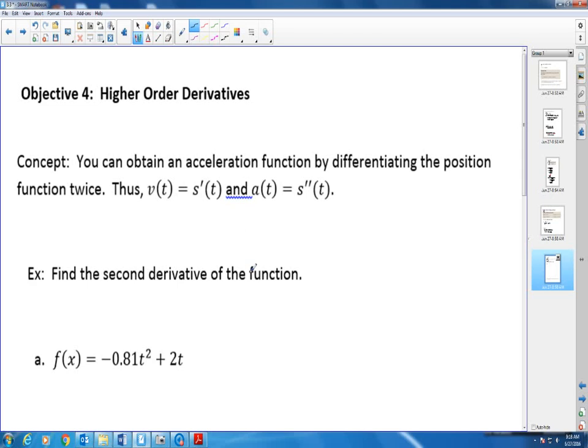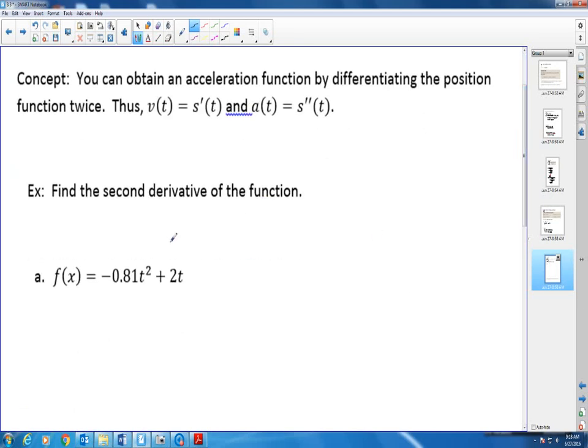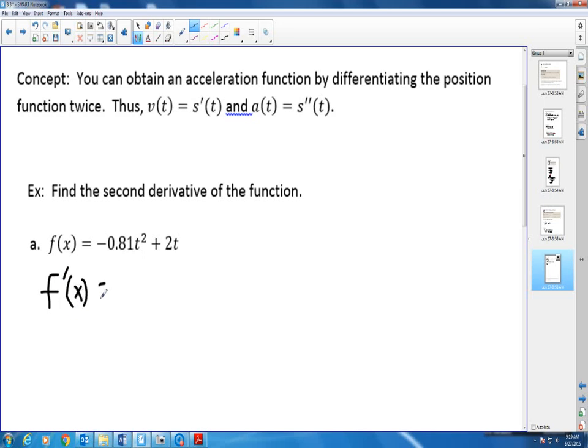Okay. All right. So higher order derivative means we're going to take the derivative 2 times, 3 times, 4 times. For example, if I present you with negative 0.81 t squared plus 2t, I want to find the second derivative. I'm going to use a simple notation. f prime of x, so take the derivative for the very first time.